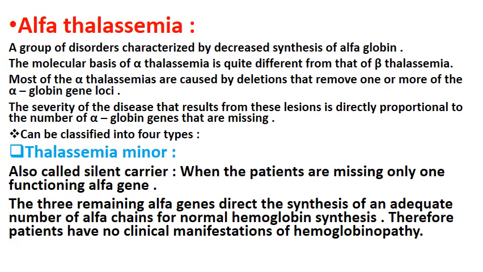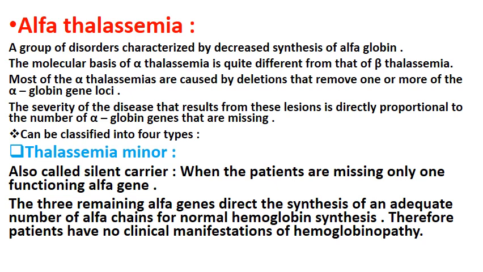Alpha thalassemia. What is alpha thalassemia? Alpha thalassemia basically is a group of disorders characterized by decrease in the synthesis of alpha globin. The molecular basis of alpha thalassemia is different from that of beta thalassemia.